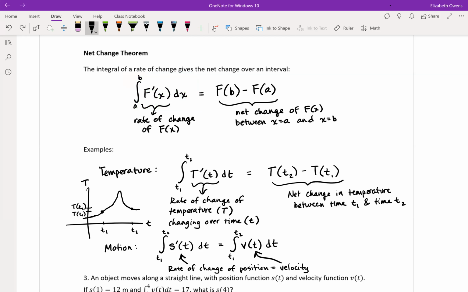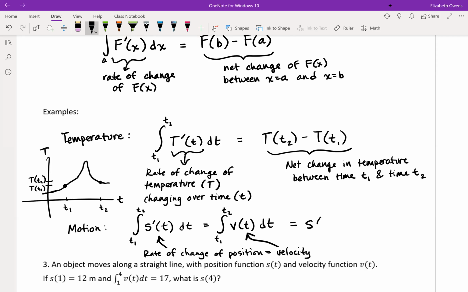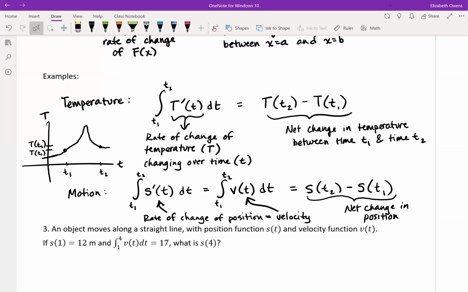So we would take our position function at time t2, s of t2 minus s of t1. And this would give us the net change in position. Like, how far has this object moved between time t1 and t2? Not including what's happening in the middle of the interval, but literally from just its ending position and its starting position. What has changed there?